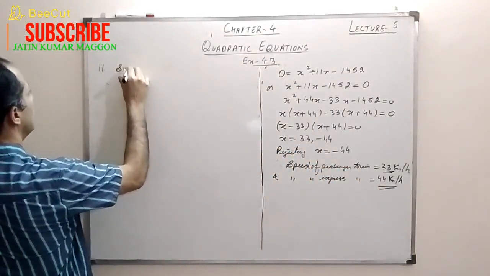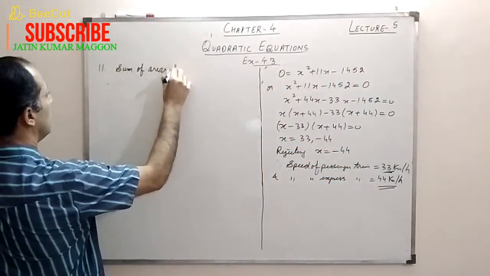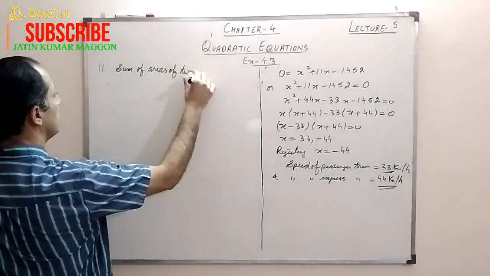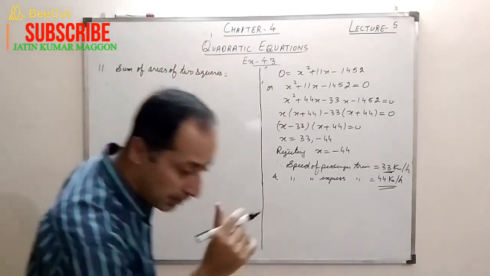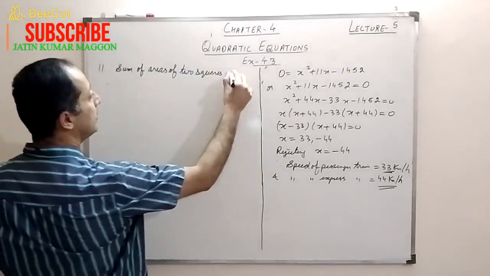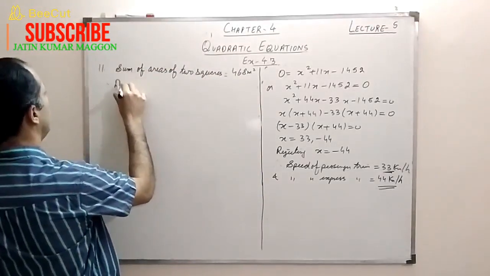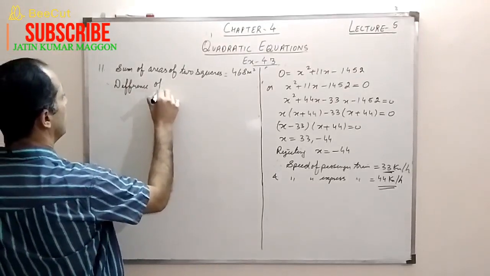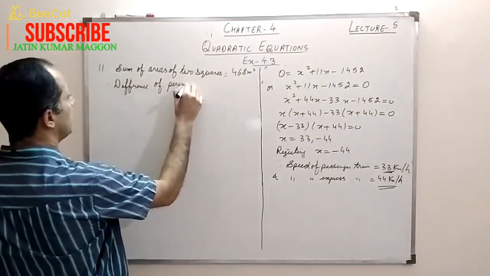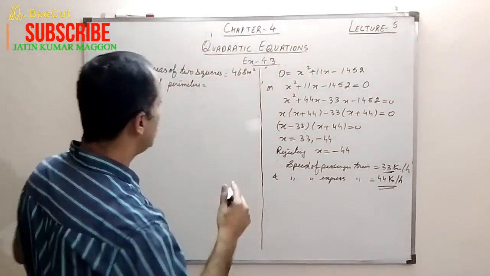Sum of areas of two squares is equal to 468 meters square, and the difference of perimeters is given to us as 24 meters.